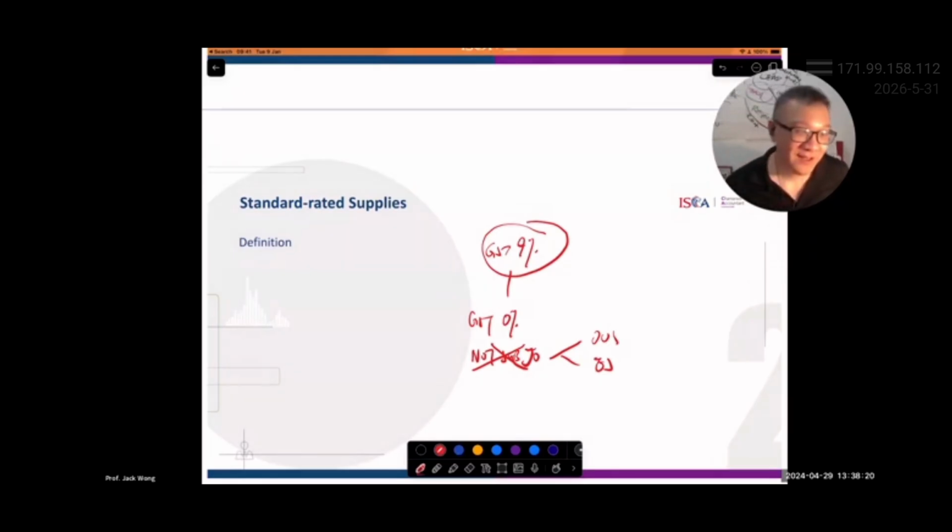In Singapore, it's pretty straightforward when it comes to GST rates. It's either 9% right now, or 0% zero rated supply, or not applicable. So we have only three types of GST rates in Singapore. 9% is a standard rated supply, 0% is a zero rated supply, and NA could well be exempt supply or an out of scope supply. All right, so then let's move forward.